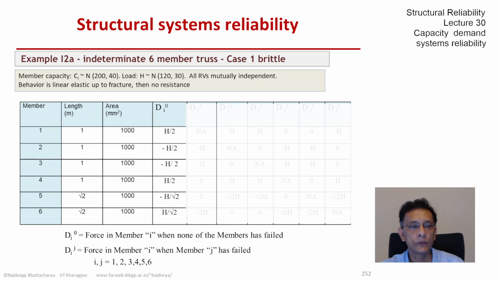Negative implies compression, but our assumption is that the strength in compression and tension have the same absolute magnitude. So that is the intact state, and now let us look at the next column.